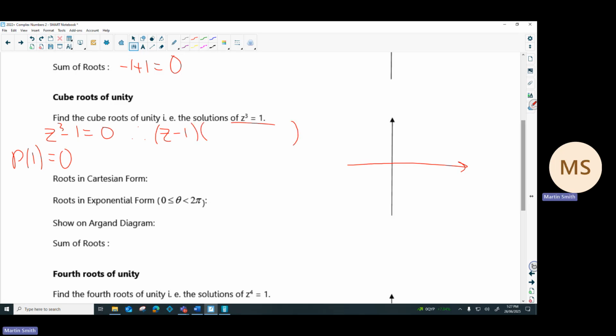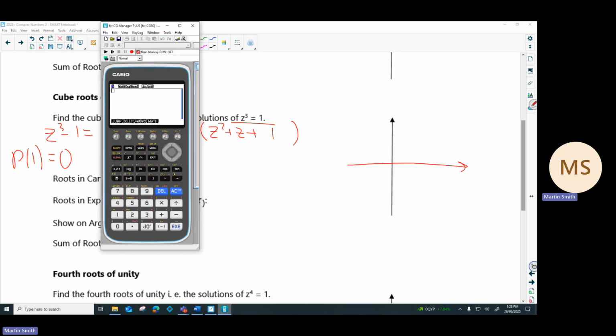If you then use long division to work out the quadratic factor, or you can use inspection, the quadratic factor turns out to be z squared plus z plus 1. So this gives roots of z equals 1, and then that quadratic, if I solve that on my calculator, menu, solver, polynomial of degree 2, so a is 1, b is 1, and c is 1.